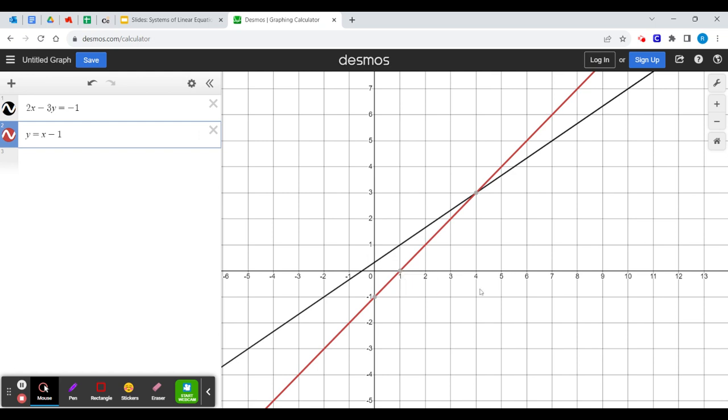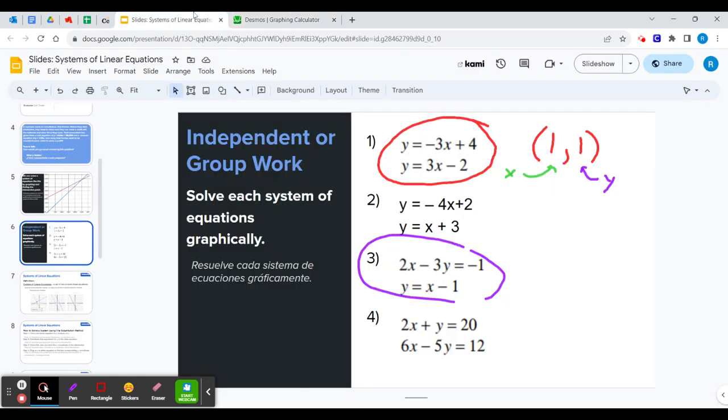It's over at x equals 4. It's over at y equals 3. So the solution to our system is 4, 3 for our x and our y values there. Let me write that in. 4, 3. I'd recommend trying that out for 2 and 4 just so that you can get some additional practice.